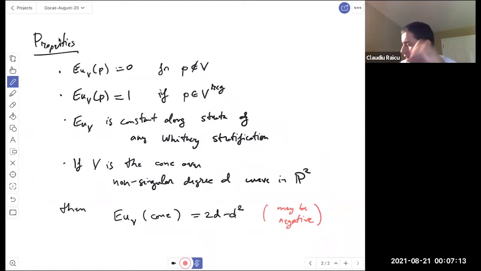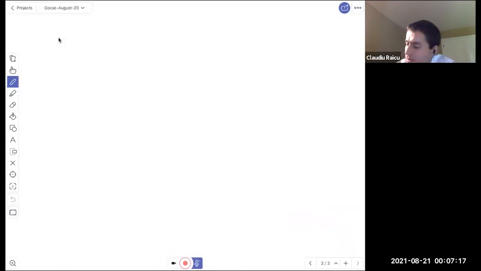And so then what I want to do is fix a stratification of my space X, which is nice enough.